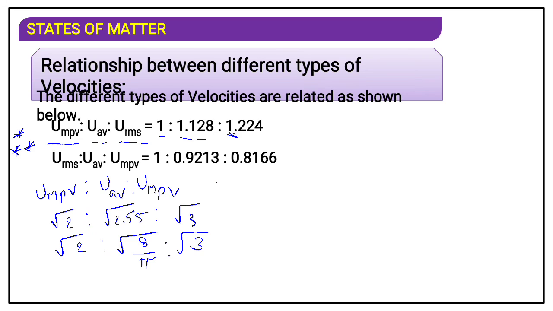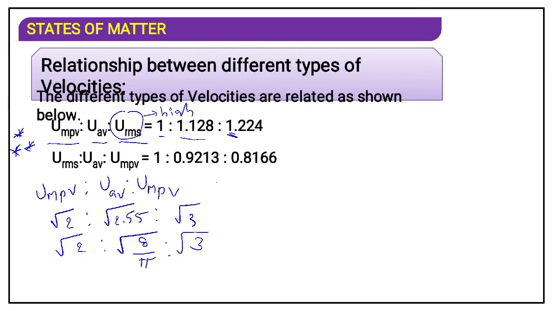So finally, if we come to the comparison, which is the highest velocity? The RMS velocity is the highest. Which is the lowest velocity?